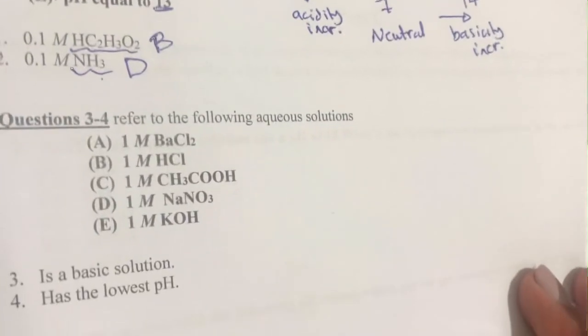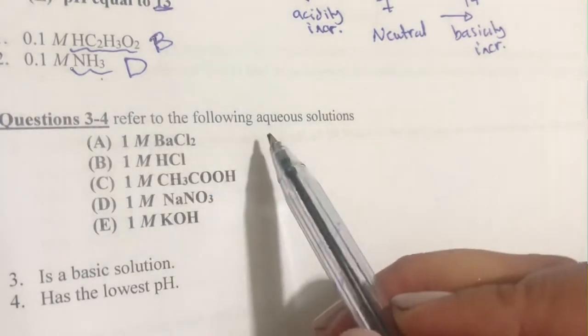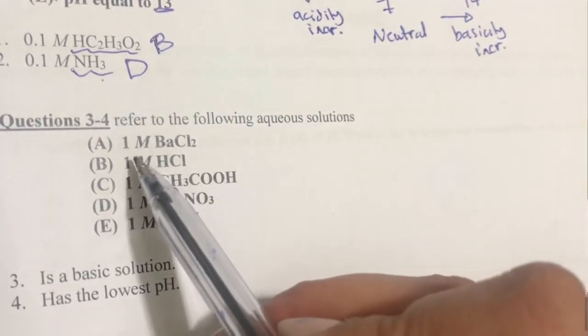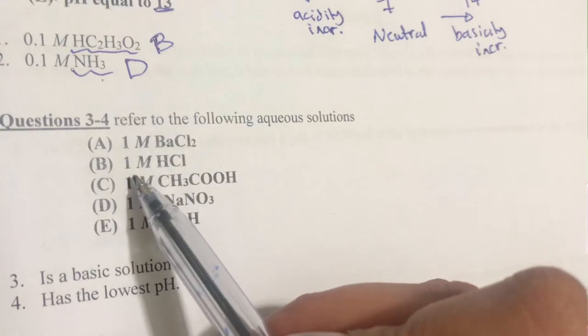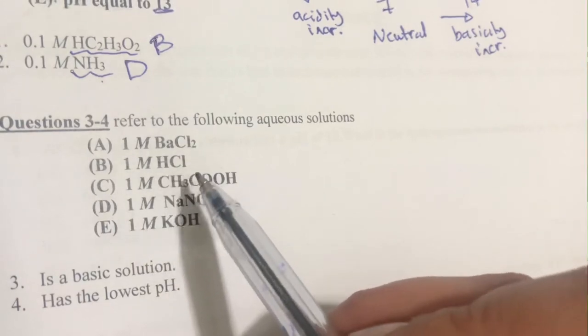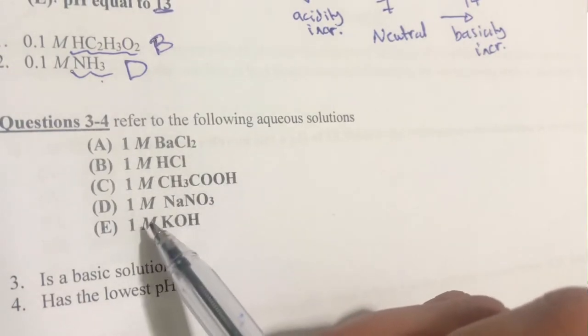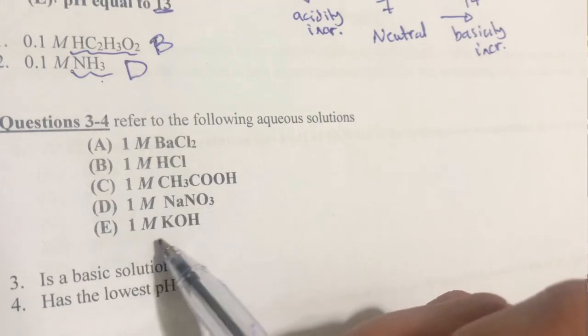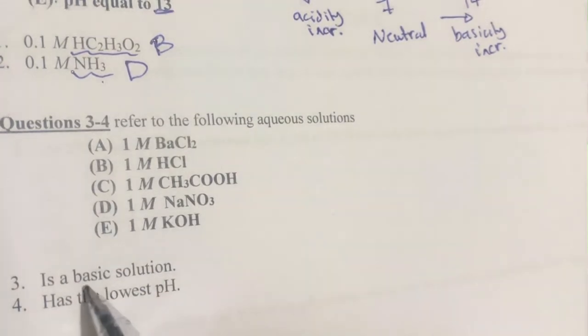Now, questions 3 to 4. Refer to the following aqueous solutions: 1 molar barium chloride, 1 molar hydrochloric acid, 1 molar acetic acid, 1 molar sodium nitrate, and 1 molar potassium hydroxide. Which is a basic solution?